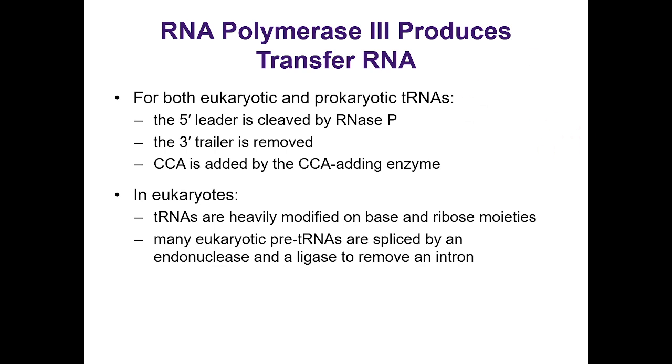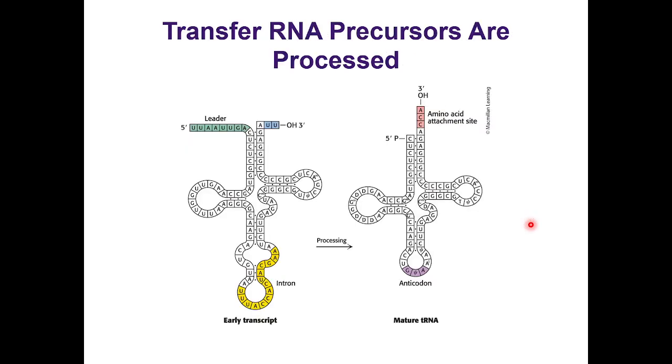So again, in eukaryotic and prokaryotic tRNAs, the 5' leader is going to be cleaved by RNase P. The 3' trailer is removed. The CCA is added by the CCA adding enzyme. In eukaryotes, the tRNAs are going to be heavily modified on base and ribose moieties. Many eukaryotic pre-tRNAs are actually spliced by an endonuclease and a ligase to remove an intron.